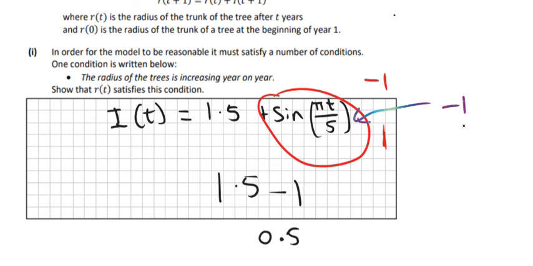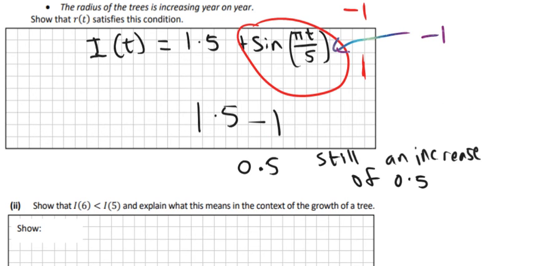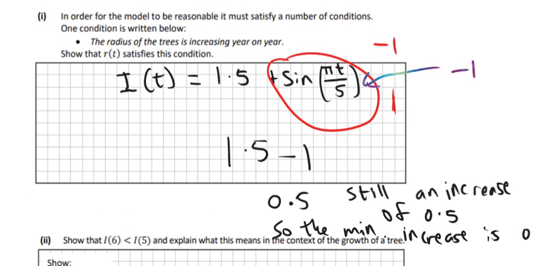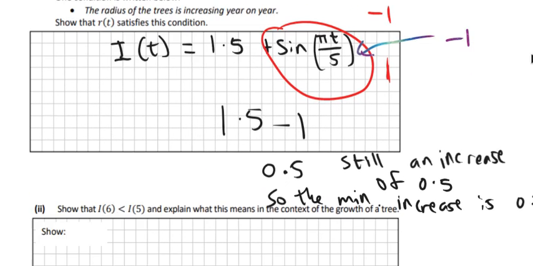So that's still an increase of 0.5. So the minimum increase is 0.5. There might be other ways of explaining it, but that's basically why the radius has to be increasing year on year.